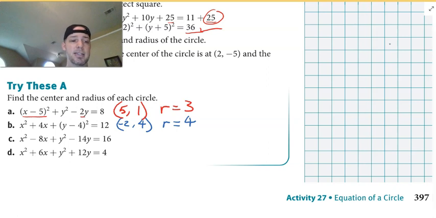So on question C, it is the equation of a circle. I've got an x squared and a y squared on there. Let's go ahead and write it down and see what we need to do to complete the square here. So x squared plus, whoops, that's a minus 8x.